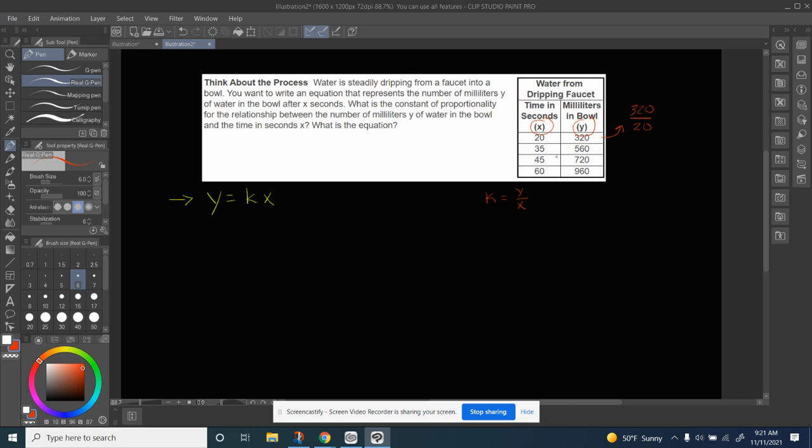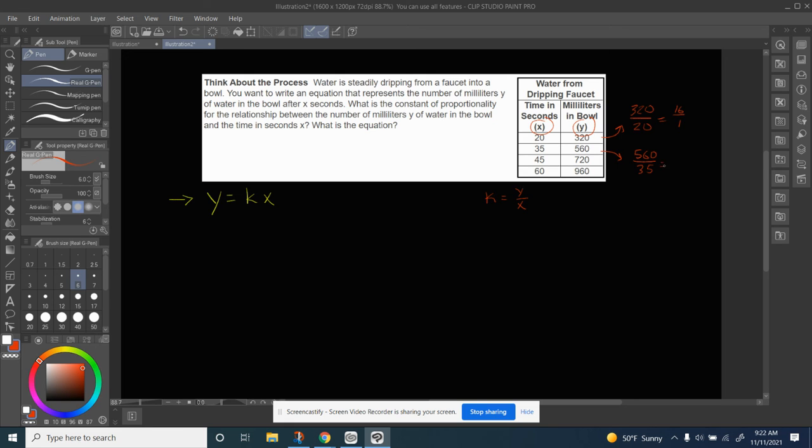Now, this is just kind of like a rate problem, and this equals 16 over 1. And we can try it again. We can take 560 and divide that by 35, right? So 560 divided by 35 is going to yield us a result of 16.